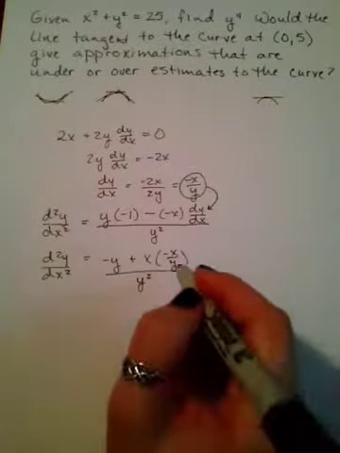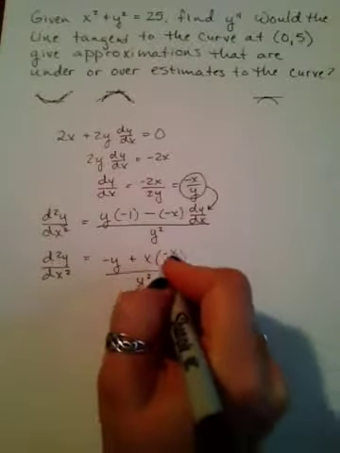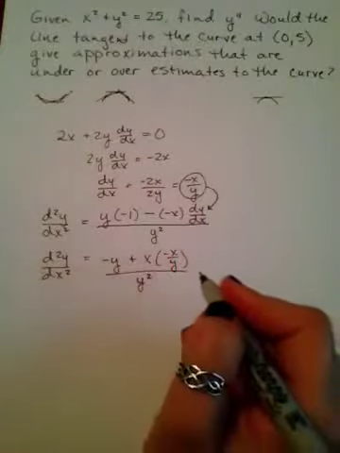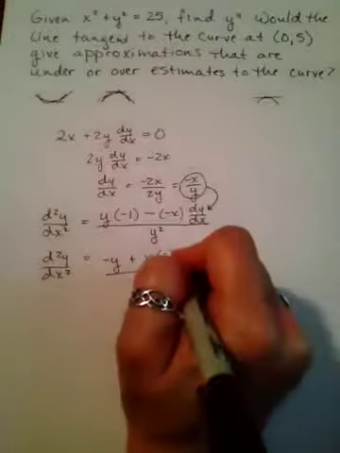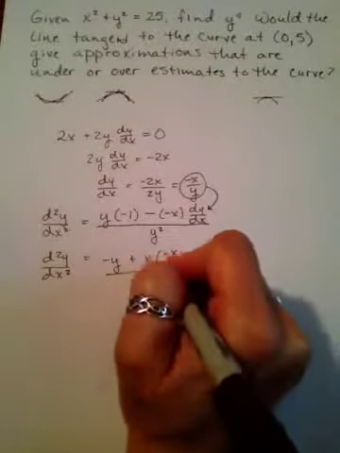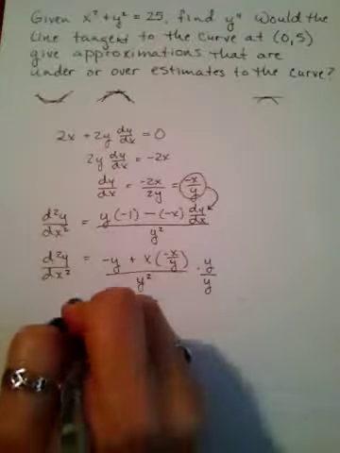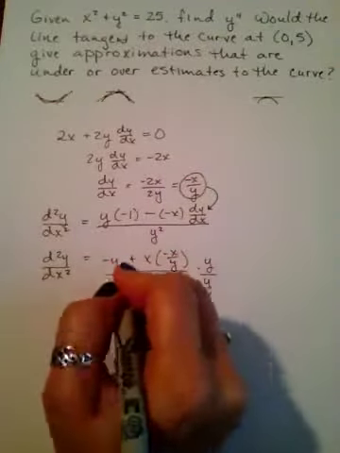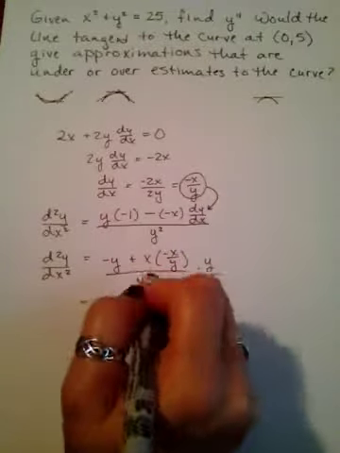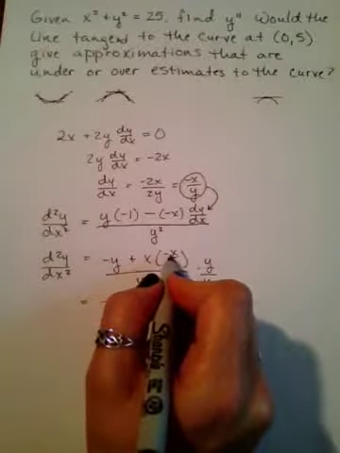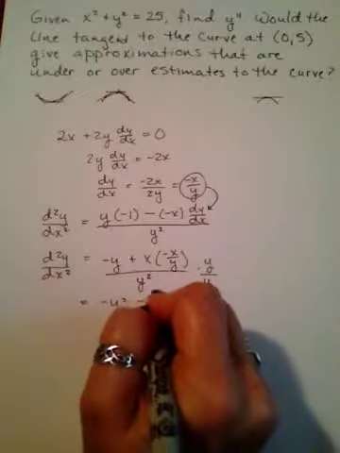So what you can do is get rid of this fraction within a fraction, and I'm going to do that by multiplying by a clever form of 1. In the denominator, there's a y there that I want to get rid of, so I'm going to multiply by y over y. And that gives you, when I distribute, a negative y squared, and then a positive x times a negative x is a negative x squared.